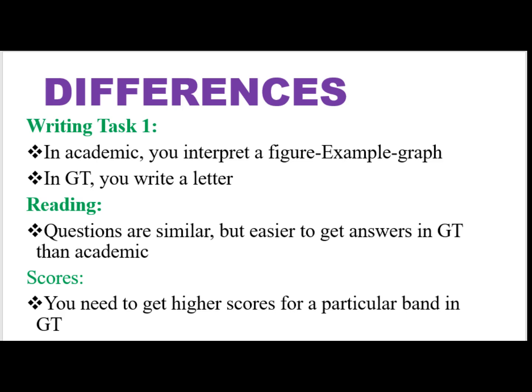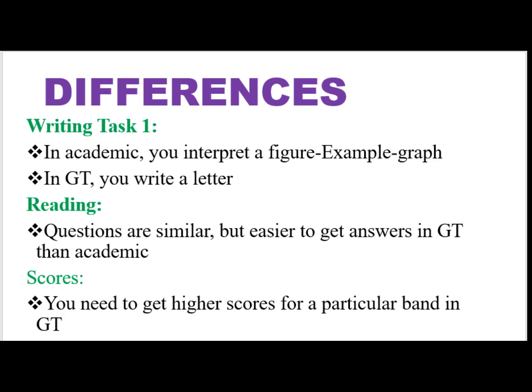And the passages may be shorter, and getting answers in IELTS GT is usually easier than getting answers in IELTS academic. So you will realize that if you do an IELTS academic paper, you get a 30/40, and you do a GT paper, you may get a 36/40.